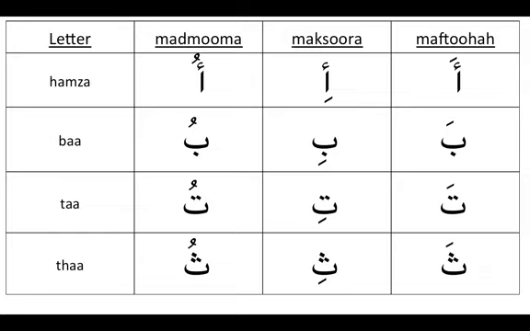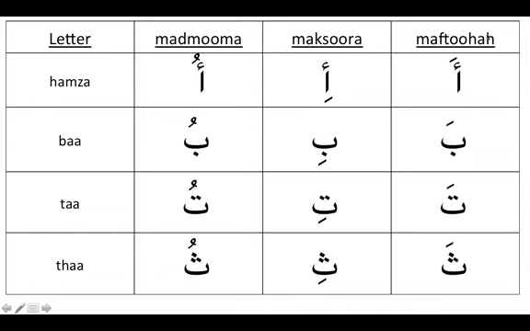Remember, when a dhamma is placed on it, the letter becomes a madmuma. So this is the madmuma column; all the letters in it appear with a dhamma on them. The maksura column has all the letters in the Arabic language with a kasra below them.